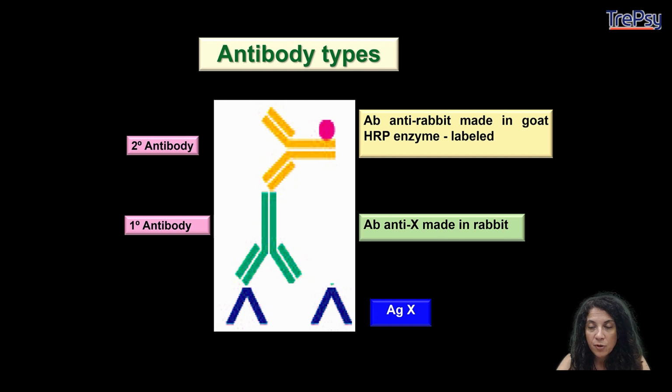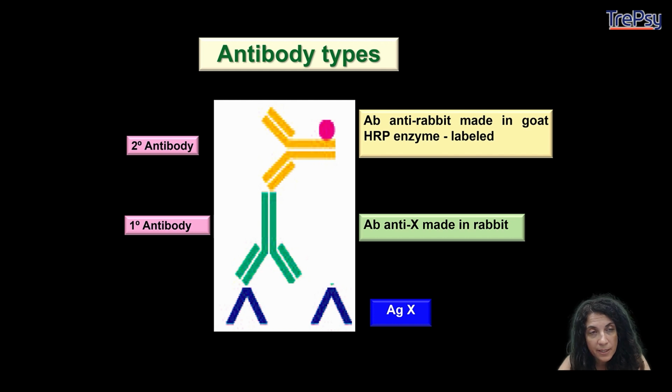It's important to know where the first antibody is synthesized, because you have to put a secondary antibody against the animal in which you made the first antibody. So we have the second antibody, anti-rabbit, made in goat, for example, labeled with HRP enzyme.